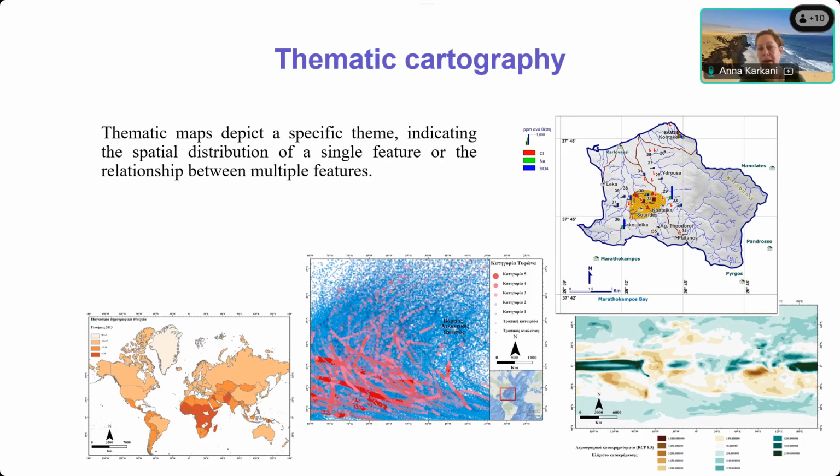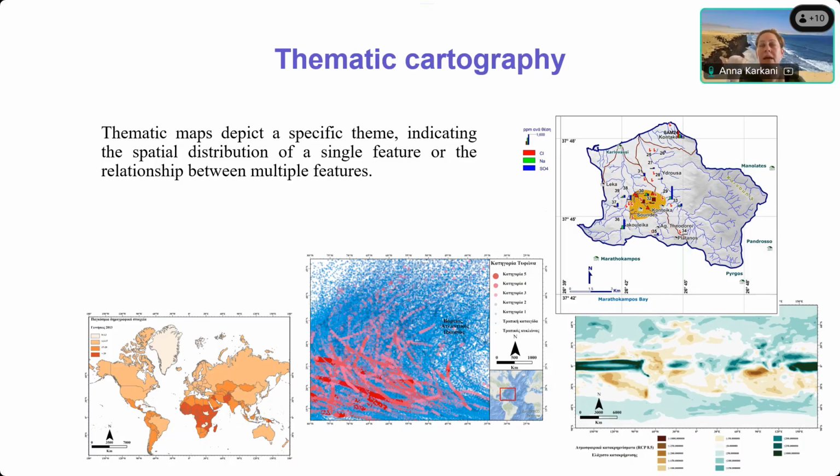It can be numerical, so we can use the magnitudes of earthquakes, or the area of some phenomena and things like that, but it can also be logical, like yes or no. So depending on the type of data we have in our database, we have different options of thematic cartography that we can use, and it's up to us to select the most appropriate one.